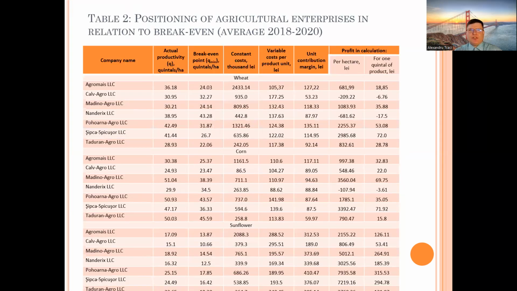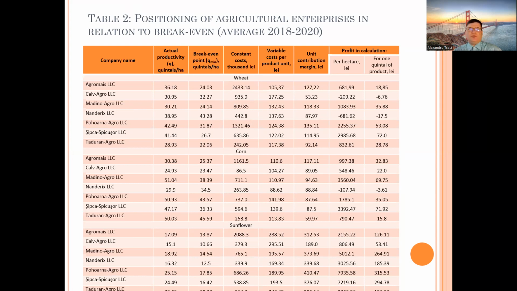Analyzing the positioning of agricultural enterprises in relation to the break-even point in the product profile, we noticed that the further the actual productivity is from the minimum, the higher the profit in the calculation per hectare and per quintal of product.